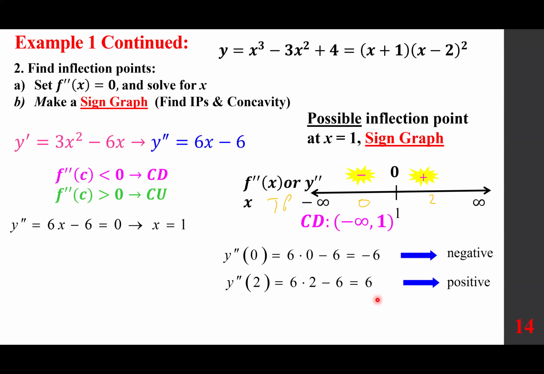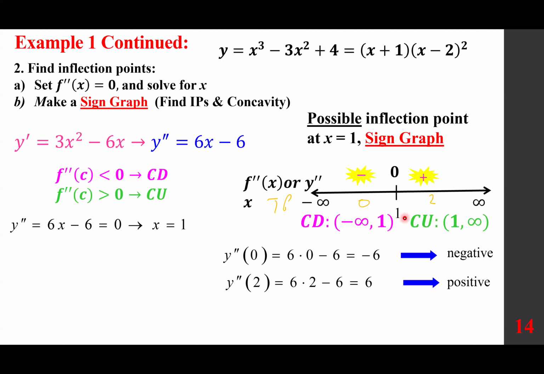What does it mean? Concave down here from negative infinity to 1. Positive means concave up here from 1 to infinity. Because of the change, 1 is the location of an inflection point. So what do you do with 1?